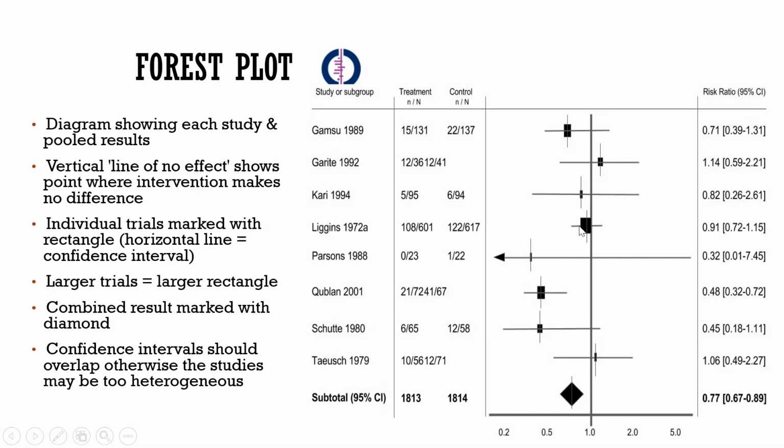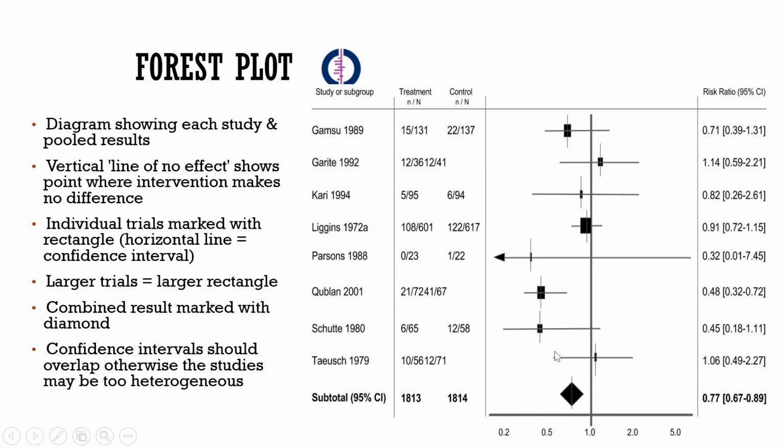Also, you have this line, which is the line of no effect. If your risk ratio falls on the line, that means there's no significance. Here it either favors the intervention or favors the control. In this case, this side favors the intervention.